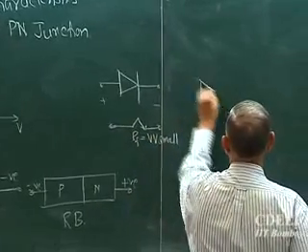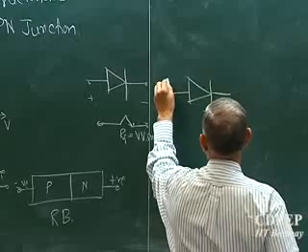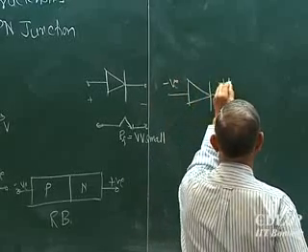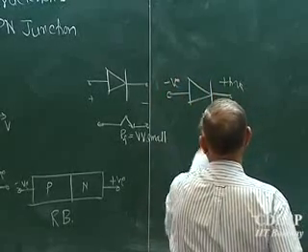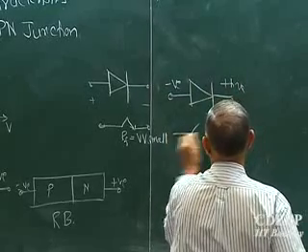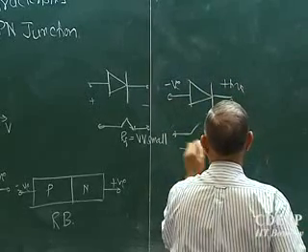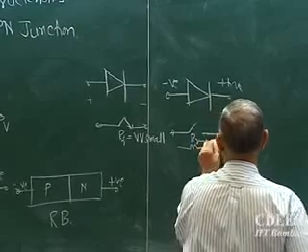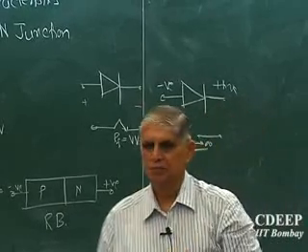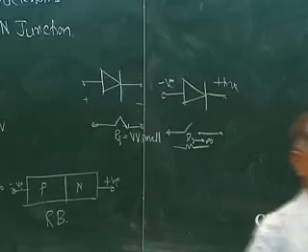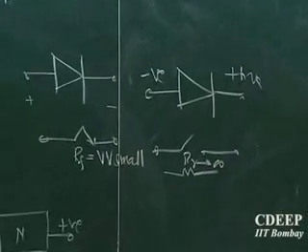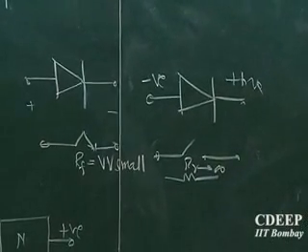Or if I apply reverse bias, negative potential here, positive here, then I expect the switch to be open, or to say R tends to infinite. This is essentially how a diode will act under forward bias and reverse bias.